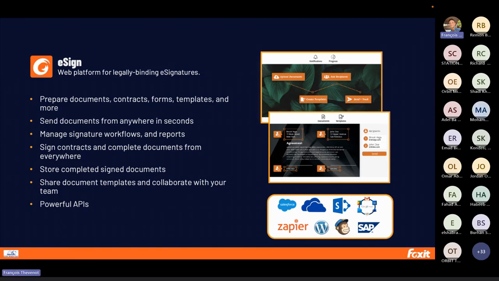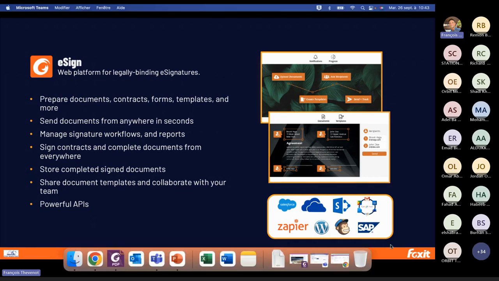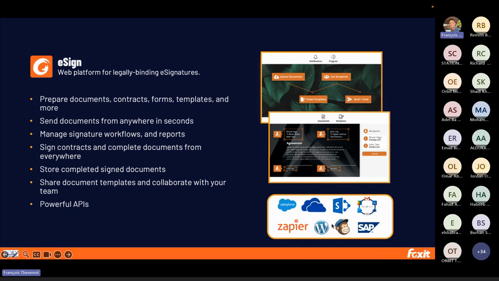If you want to send an employment contract to a new hire, you will send the contract to that person, but maybe to the head of HR, to the head of legal, and once everyone has signed the contract, the contract will be stored in a secure place, either on the company's enterprise content management system or on Foxit side.